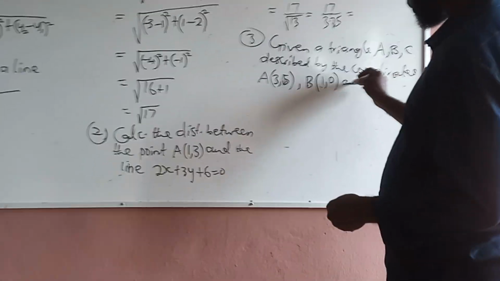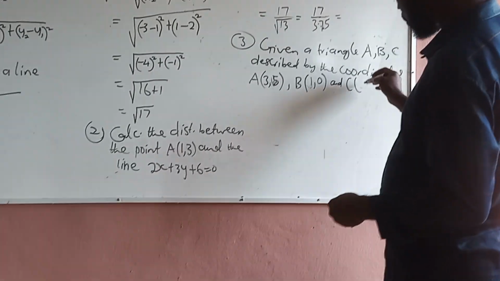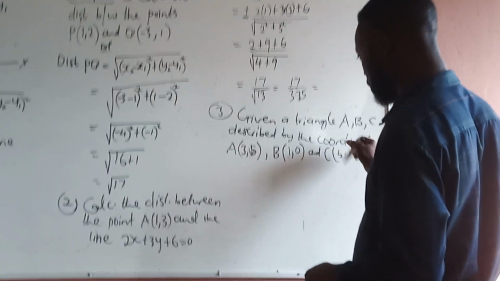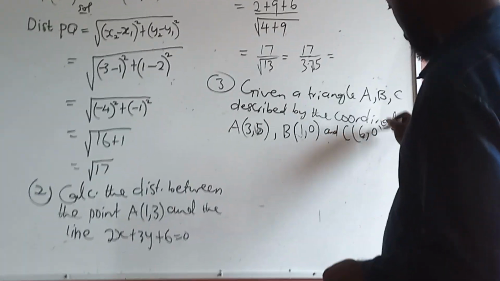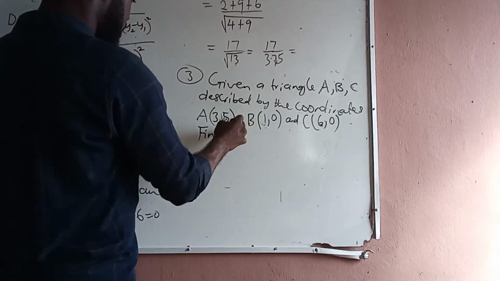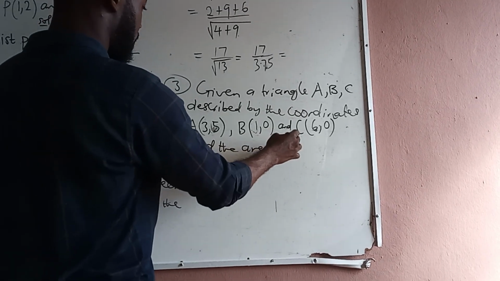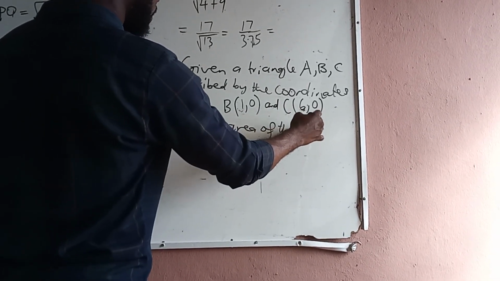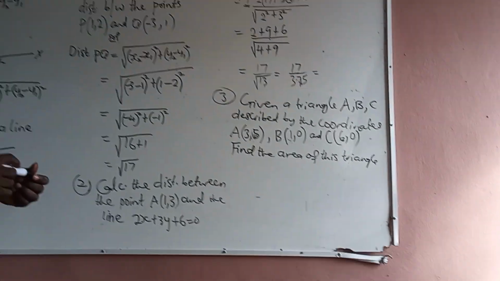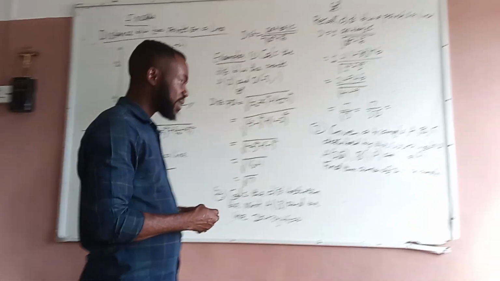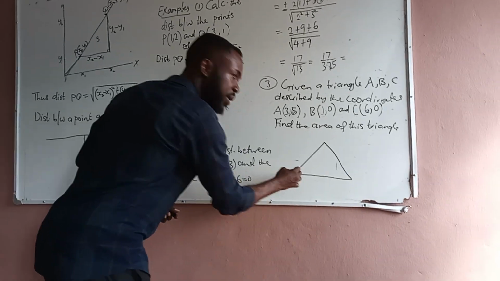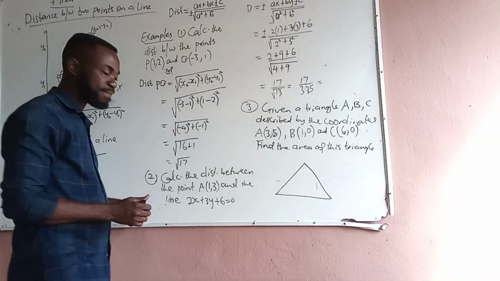Find the area of this triangle. Look at this triangle. We want to find the area. The triangle can be shown diagrammatically.